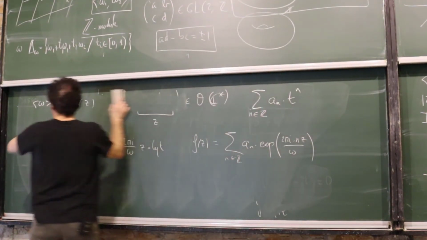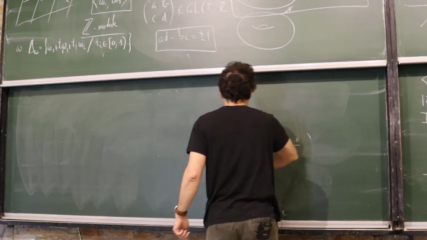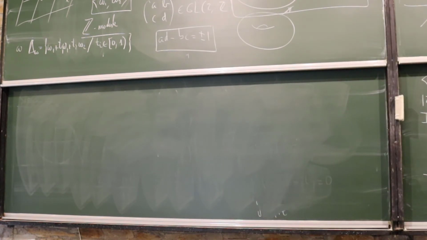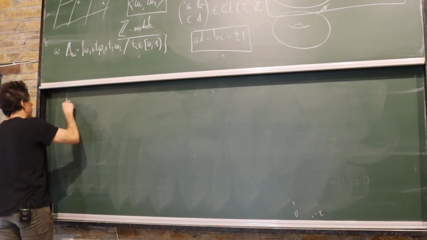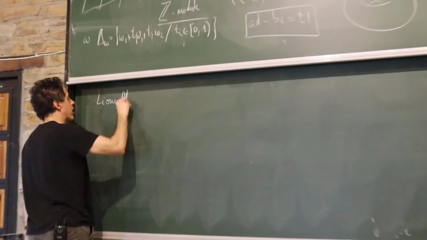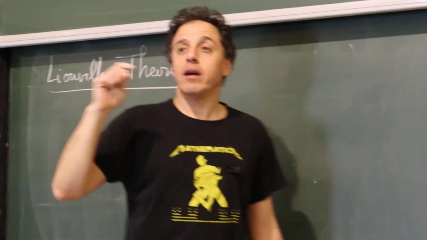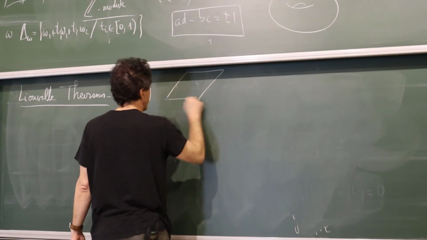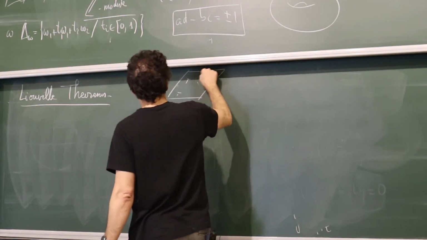So we need only to study analytical properties of elliptic functions. We only need to study their behavior on a fundamental parallelogram. And there are some interesting results, sometimes called Liouville theorems. First of all, assume you have an elliptic function and take a fundamental parallelogram. This is a meromorphic function, so on a fundamental parallelogram it has some poles.